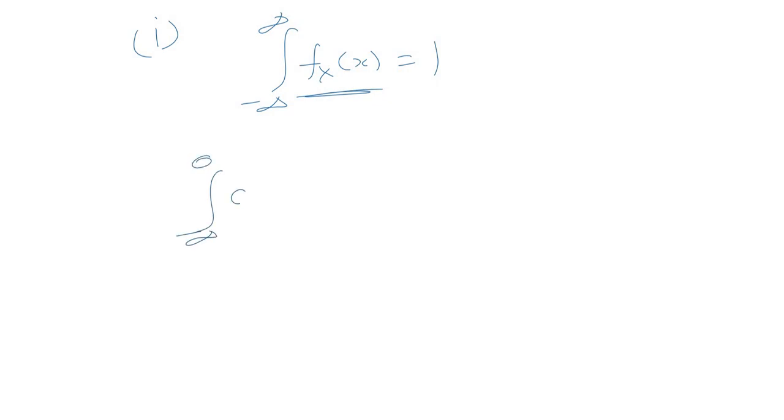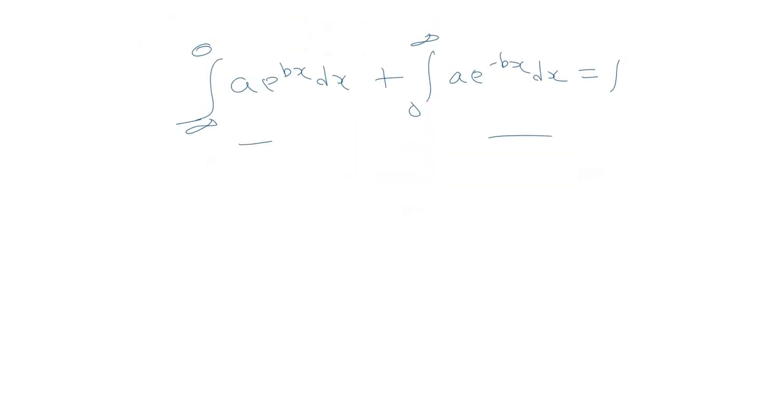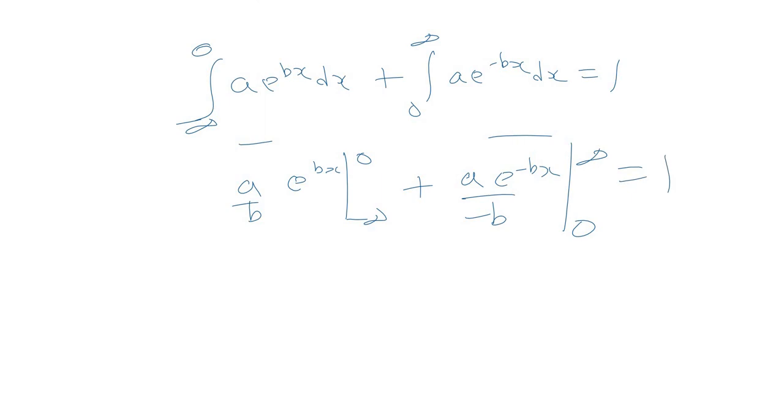So it becomes equal to 1. If we simplify this integral expression, we get a by b e raised to power bx for the range minus infinity to 0, plus the integral over the range from 0 to infinity, and it's equal to 1.